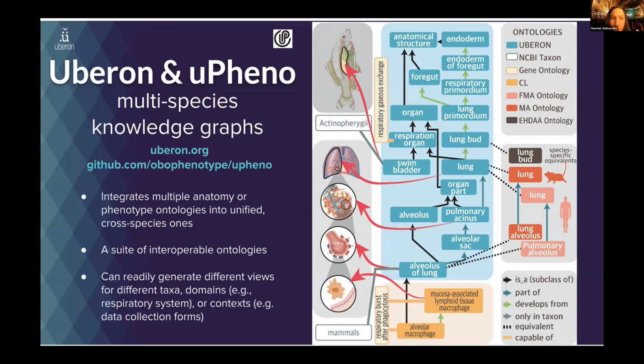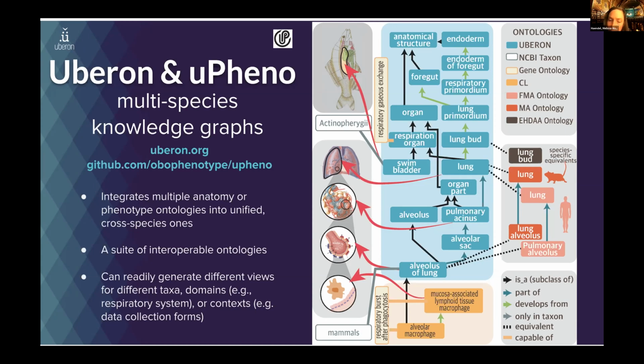The one on the right is the Uberon graph, which relates these anatomical structures, the alveoli of the lung, cellular parts, as well as tissue and organ parts, relating them to development, as well as to homology across species, here to fishes at the top left, as well as to gene function, such as respiratory gaseous exchange.